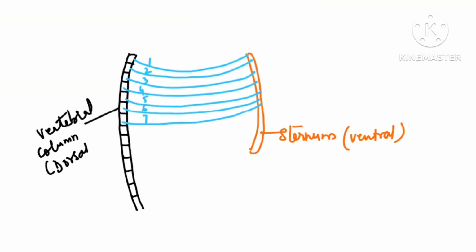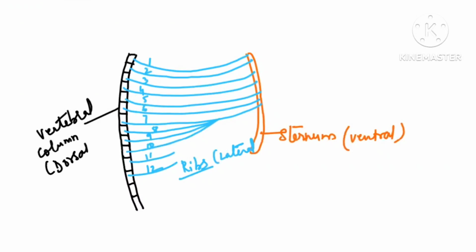The 8th, 9th, and 10th are your false ribs because they are not attaching to the sternum. They start from the vertebral column, but they are not attaching to the sternum. Only through the 7th do they attach to the sternum. And the 11th and the 12th ribs are floating ribs. So I've used blue color for the ribs. The ribs are present on the lateral side.